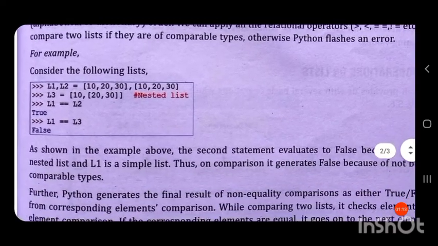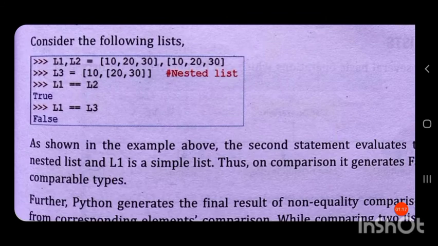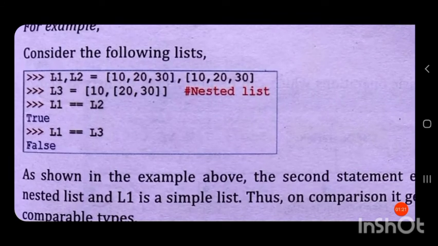Now, consider this example. Here we have two lists: L1, L2 equal to 10, 20, 30, another list 10, 20, 30. Here L1 is assigned the first list and L2 is assigned the second list. In this way also we can do assignment.